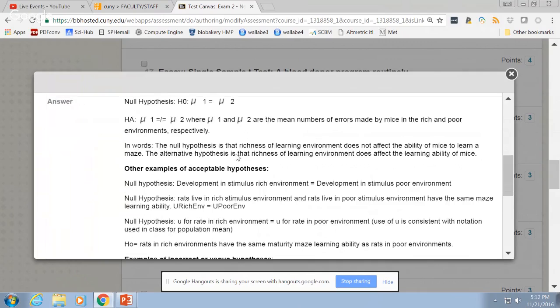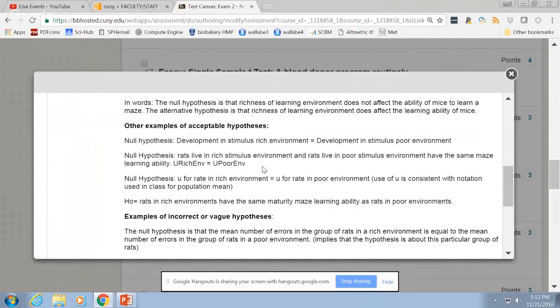So what was the example of a good one in words? The null hypothesis is that richness of learning environment does not affect the ability of mice to learn a maze. And the alternative hypothesis is that the richness of learning environment does affect the learning ability of mice. So you'll notice I'm not even referring to these groups of mice here. It's a more general hypothesis about a population, some very large population of mice.